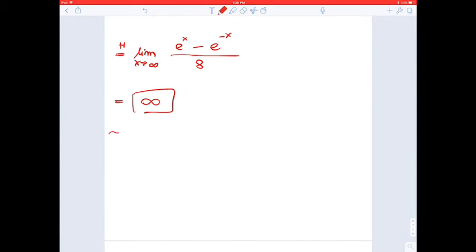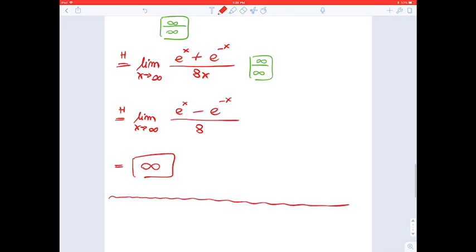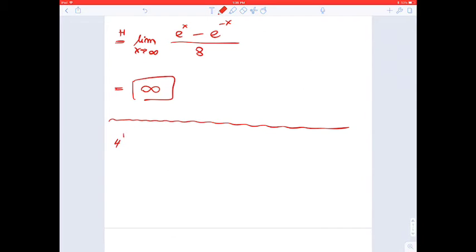Okay, and let's solve one more. Number 4, limit as x approaches 0, e to the x plus e to the negative x minus 2, over 2x times sine of x.